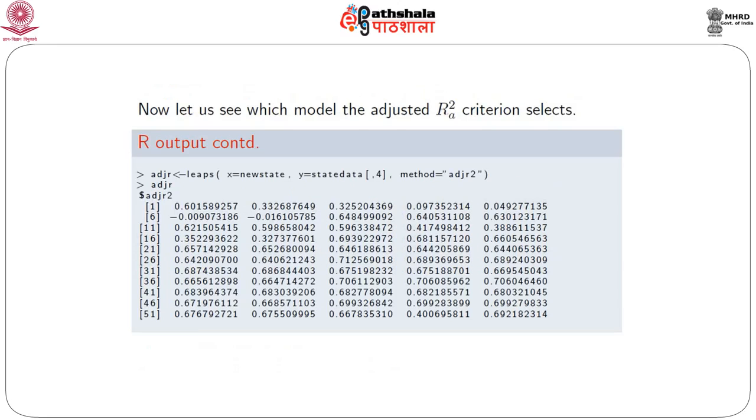Now, let us see which model the adjusted R square criteria selects. So, here in the R output, we have the CP calculated from the 55 models by taking all possible combinations of the predictors. In each of these models, the reader can go back to the previous output and see how many predictors were included.